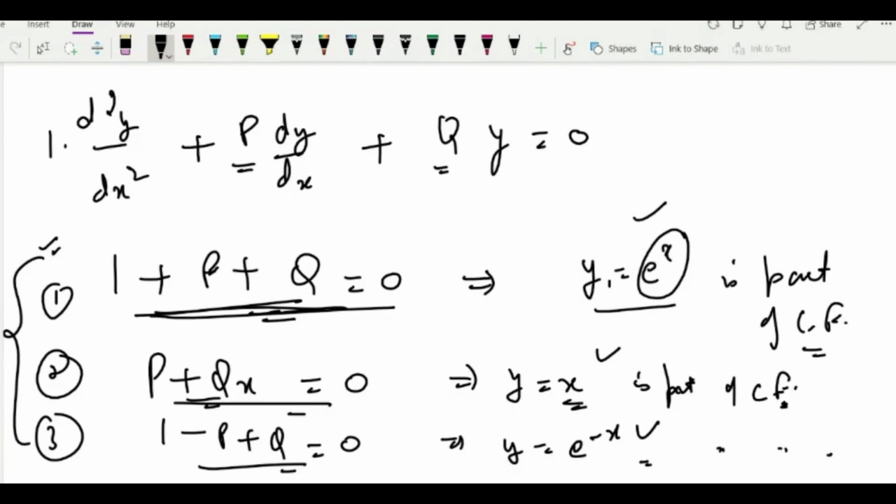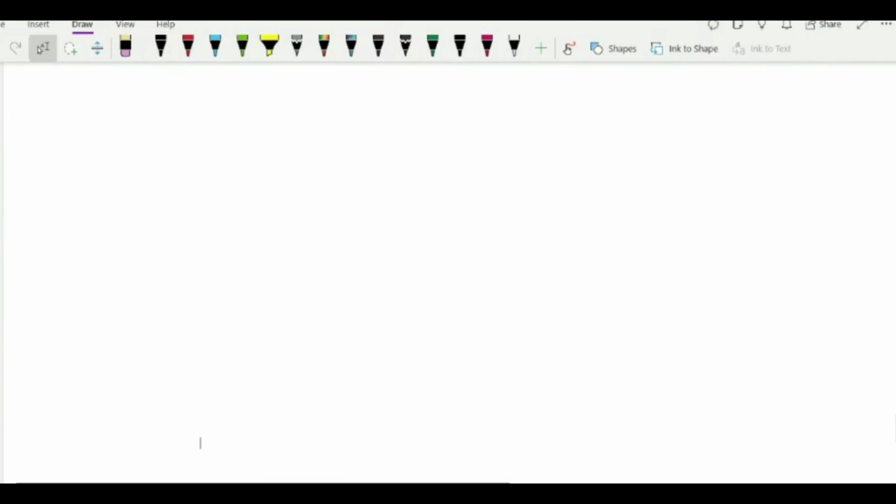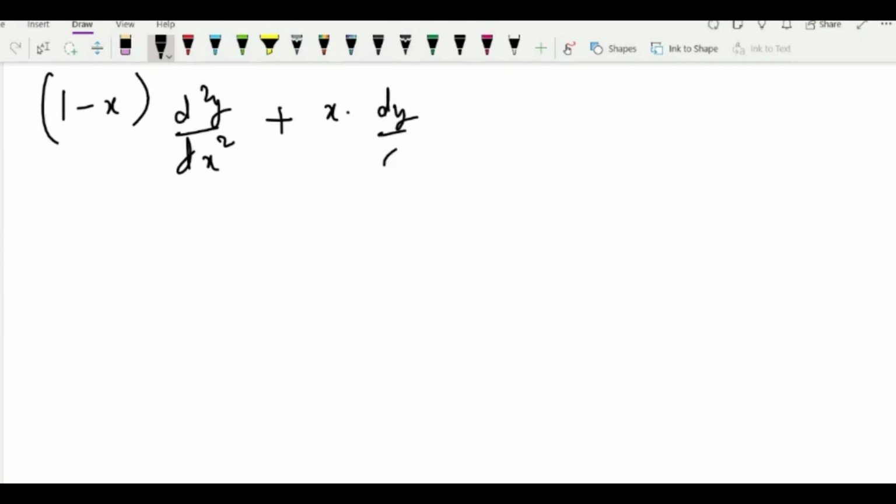Let's take an example. We have the equation (1 - x) d²y/dx² + x dy/dx - y = (1 - x)².